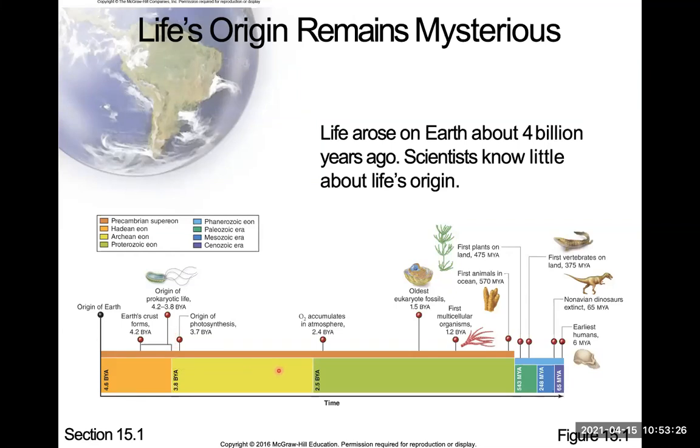Then over time, those single cell organisms got more complex. And then those complex organisms turned into prokaryotes and eukaryotes, and then into fungus, animals, and plants on land. So it started with a single cell, and over time, it got more and more complex. So that's what we're going to kind of go over.